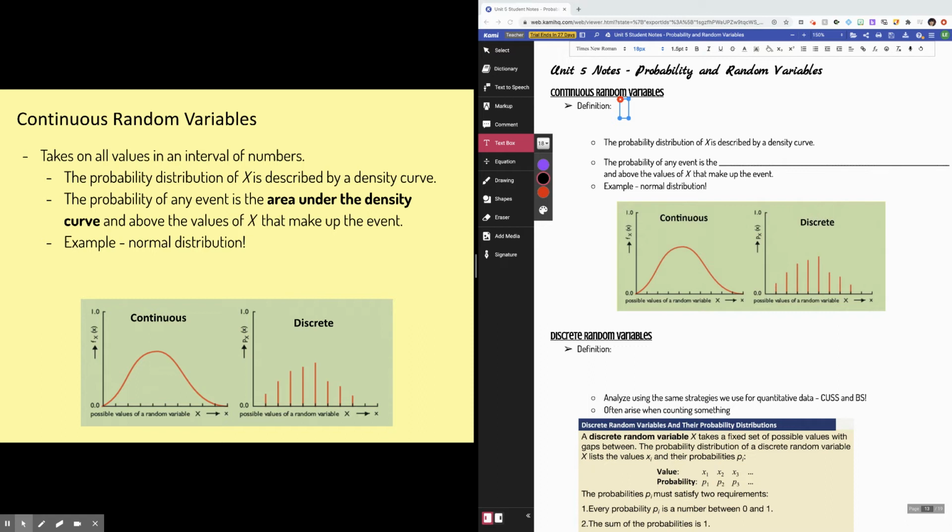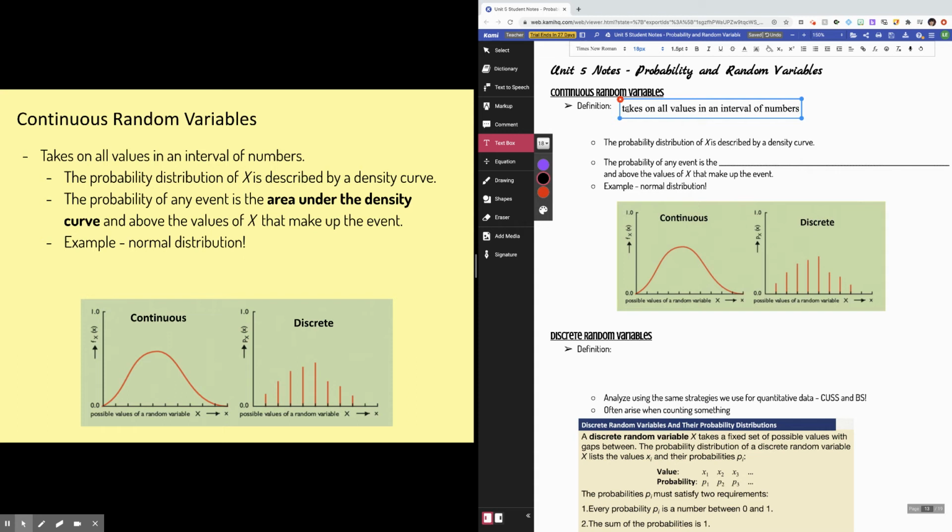A continuous random variable will take on values in an interval of numbers, and it can take on any value in that interval. That's the definition of a continuous random variable: it takes on all values in an interval of numbers. Our probability distribution is then described by a density curve. If you think back to unit 3, that's when we learned about normal distribution and density curves.